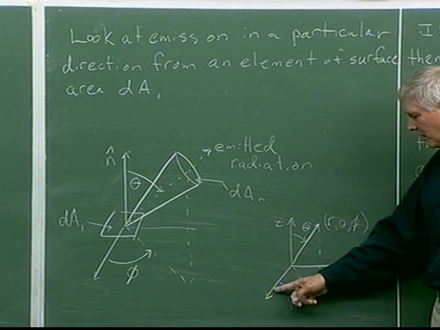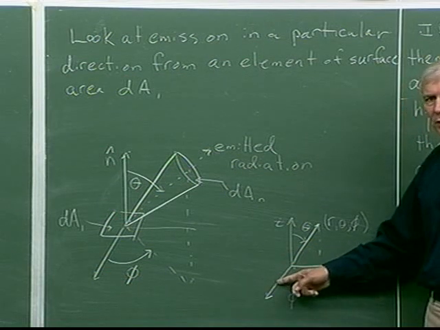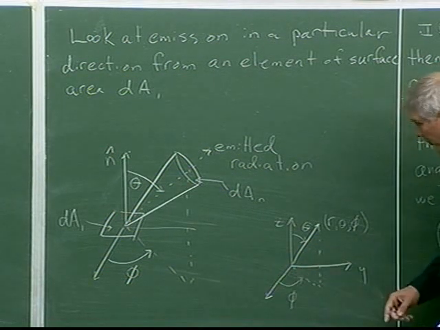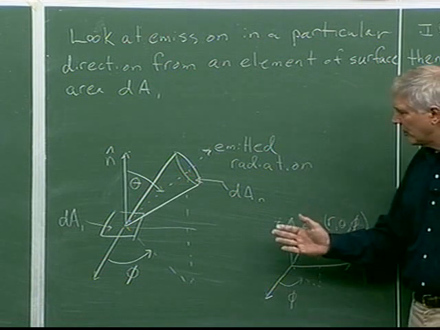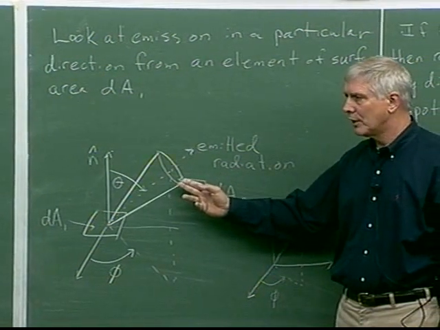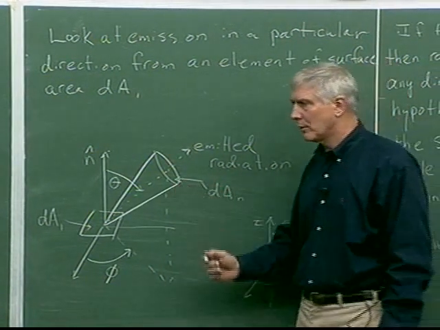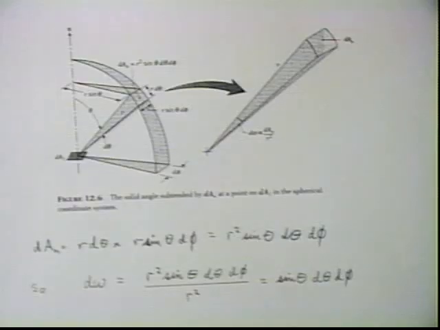And then phi is measured from this axis, and it can go all the way around to 2 pi. Now, it's not necessary to define this in terms of a circle. We could also define it in terms of a rectangle. I've drawn that over here on the overhead. So we're going to go to the overhead now.